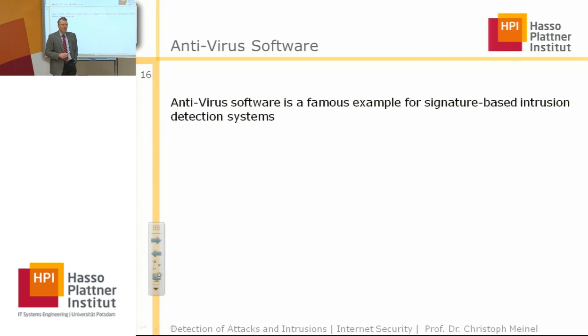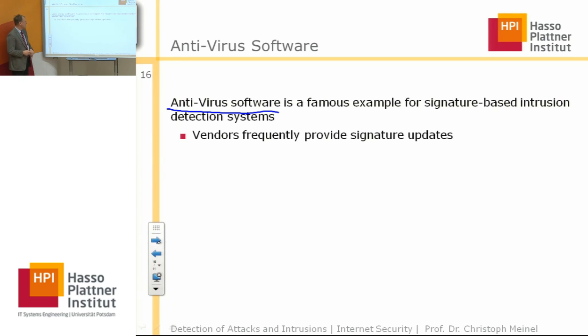To give an example of such a signature-based intrusion detection system, we can have a look at antivirus software. Antivirus software is a famous example of such signature-based intrusion detection systems. Here, the vendors of these systems frequently provide signature updates. I remember in the early days, the user had to update this database by himself.